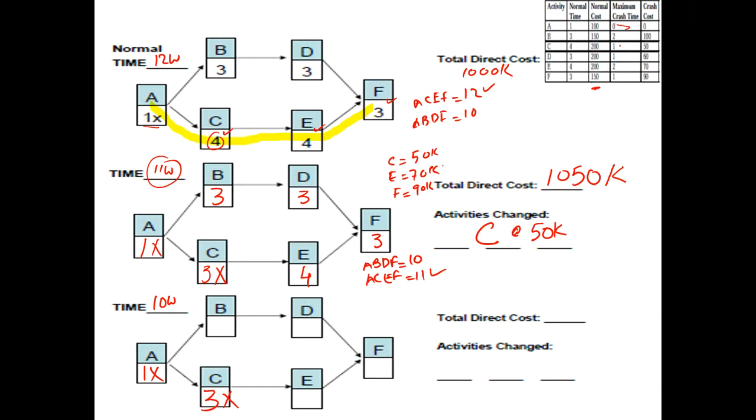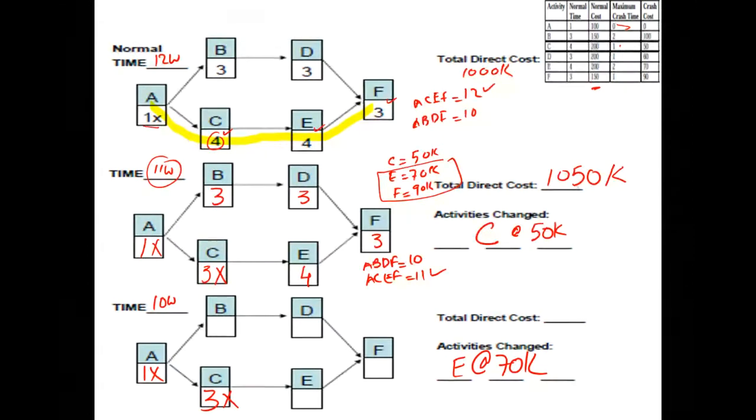So we have seen, if we have got these two options, E is going to cost us 70 and F is going to cost us 90. So we will use the heuristic, always choose the cheapest of the two. So we will not choose F, rather we will choose E. So activities change in this step will be activity E, and it will be at a cost of 70K extra to the project.